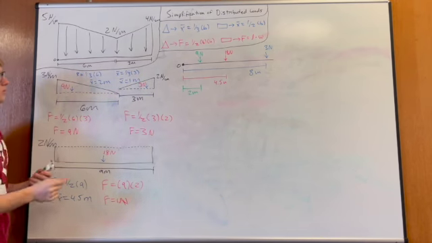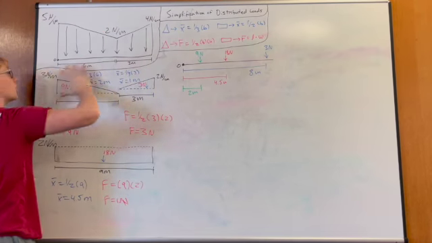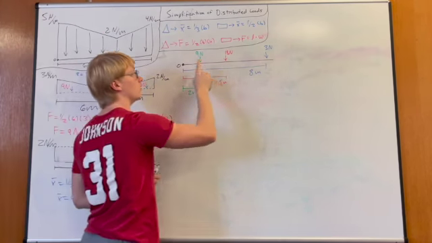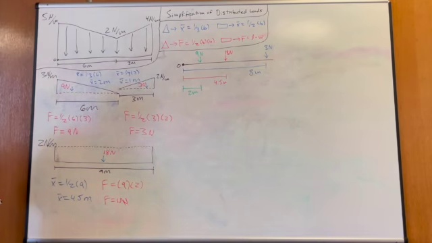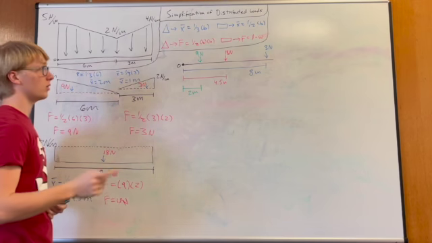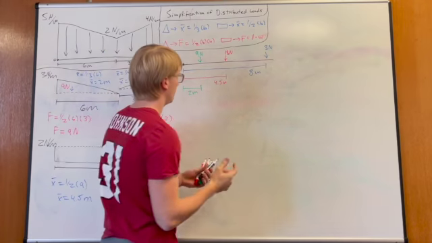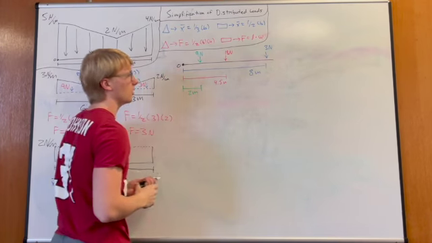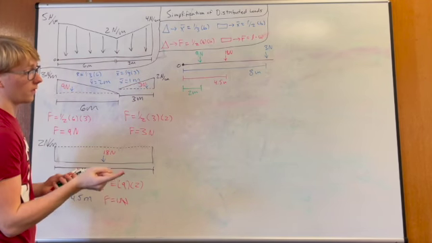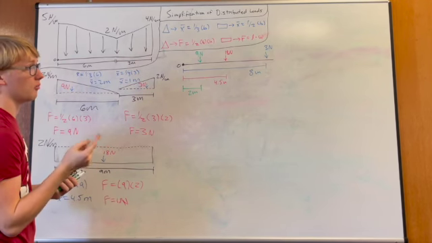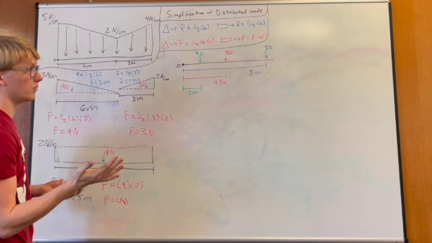And so this is equivalent to that. This distributed load is equivalent to 3 forces right there. And so what we need to do is simplify this into 1 force. We need to combine those 3 forces into 1, but we don't know the distance from O. And so we're going to find the force, and we're going to find the moment of that force, and then solve for D.